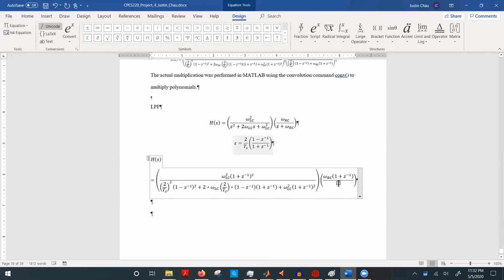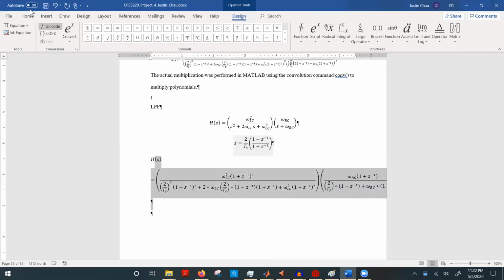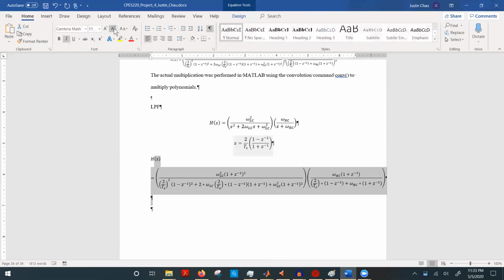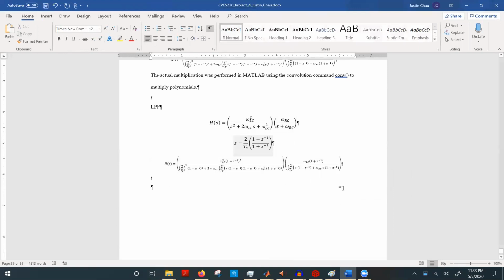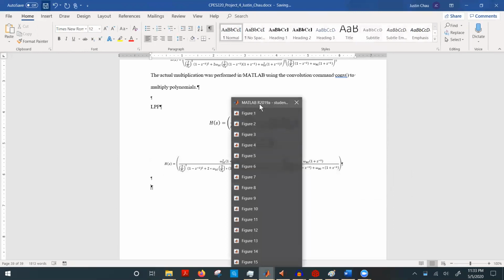This is going to be 2 over TS multiplied by the numerator, which should be 1 minus z raised to the -1, plus omega c multiplied by 1 plus z raised to the -1. And now it's too big, so this is probably why I need to shrink the size on this. Well, anyway, we can look at it in MATLAB because I definitely haven't updated in MATLAB at least.